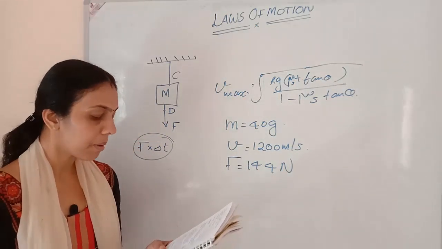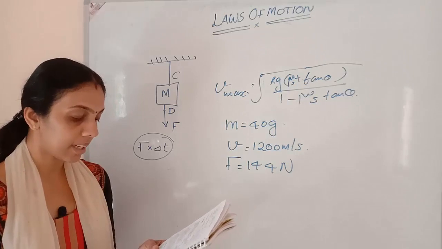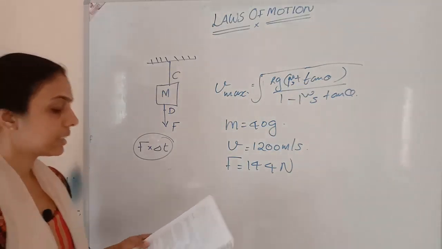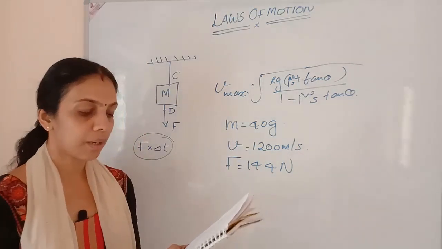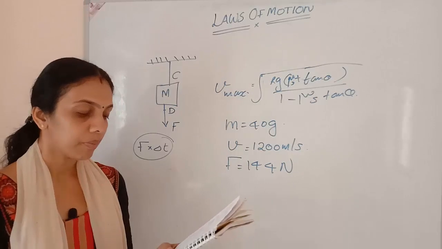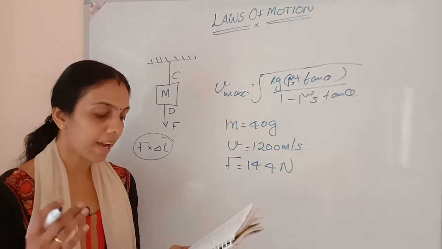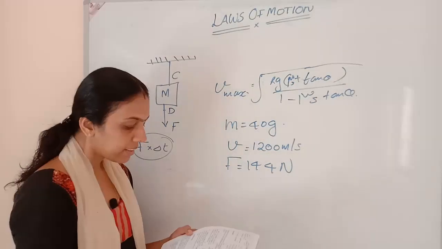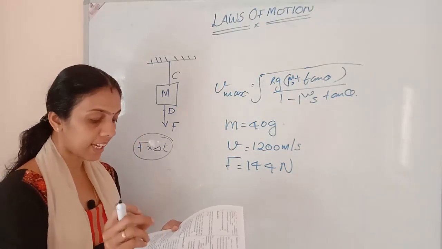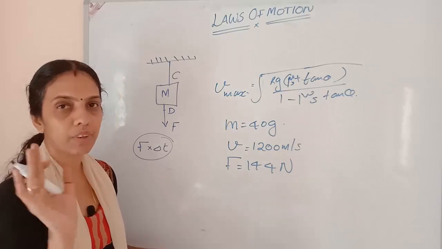What is the maximum number of bullets that can be fired per second from the gun? Maximum force is given, the person can hold the gun with a maximum force of 144 Newton.